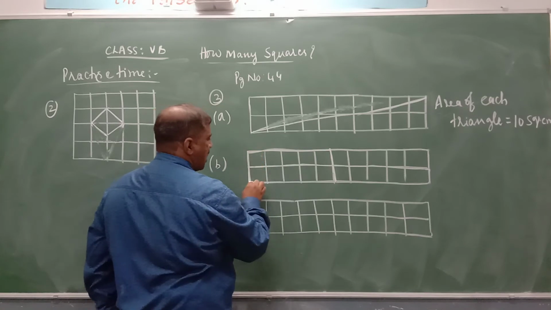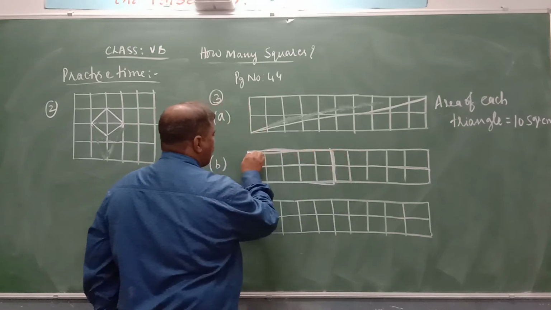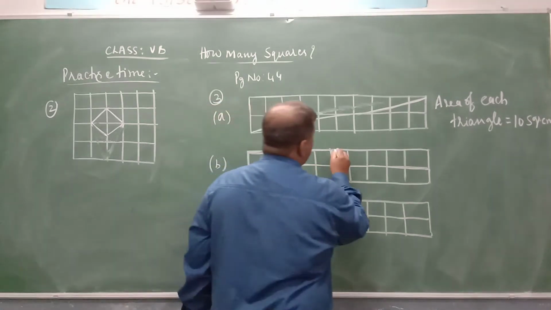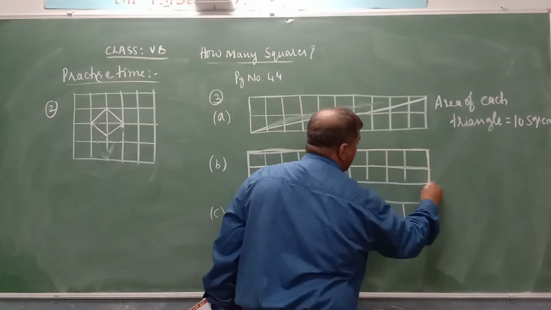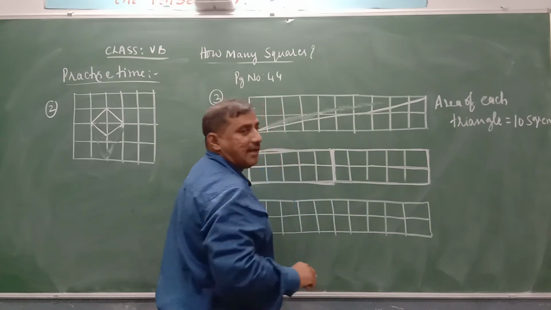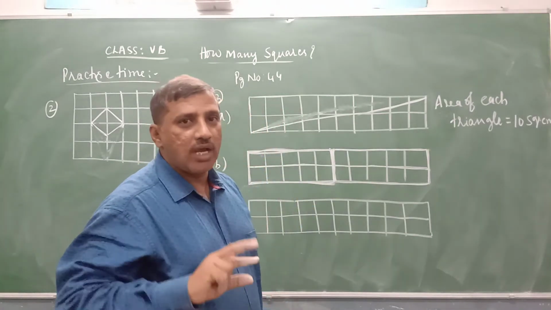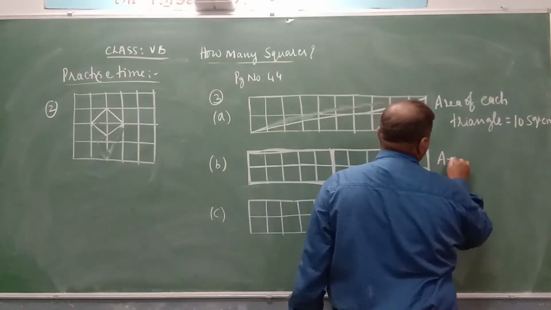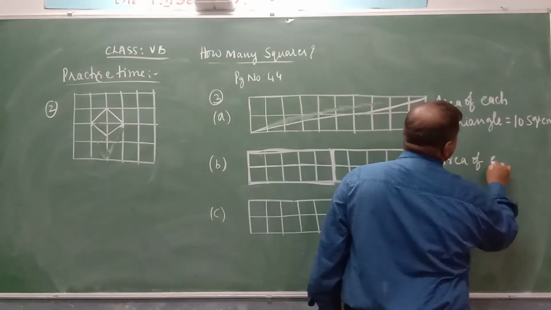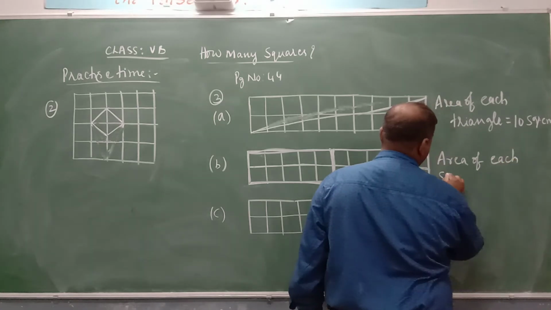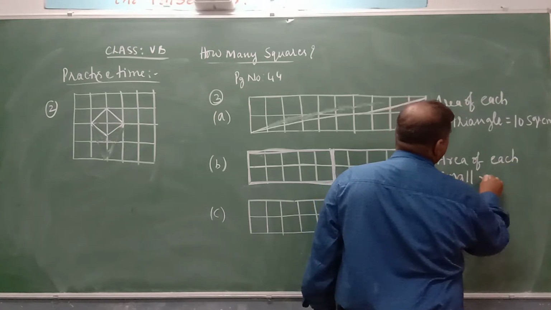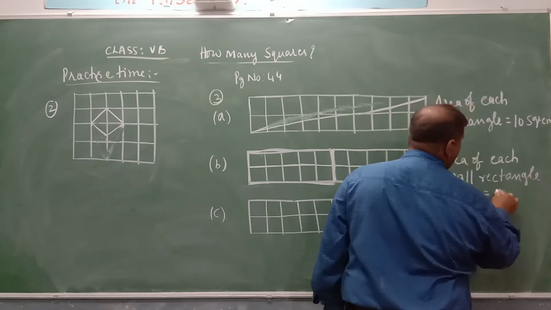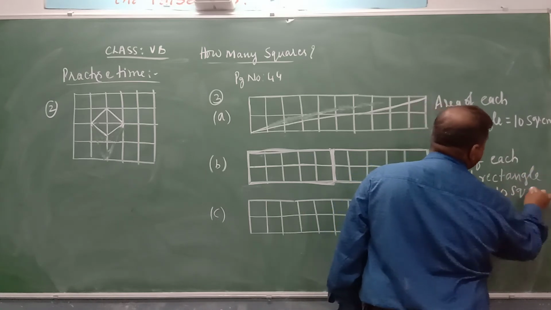This gives one rectangle with area 10 square centimeters, and another rectangle with area 10 square centimeters. So we can do this in two ways, horizontally and vertically. Area of each small rectangle is 10 square centimeters.